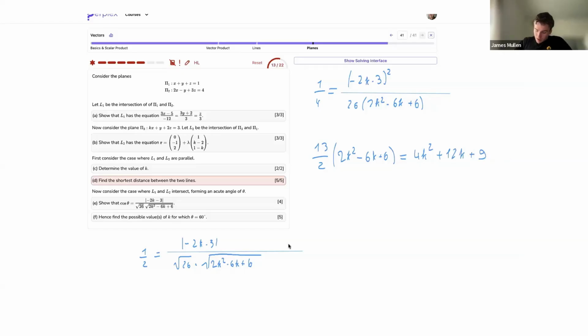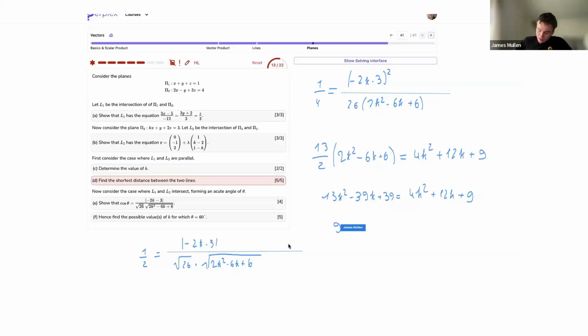And now I can realize that this 2 is going to cancel with each of the 2's in all of the terms there, and I'm going to end up with 13k squared minus 39k plus 39 is equal to 4k squared plus 12k plus 9.